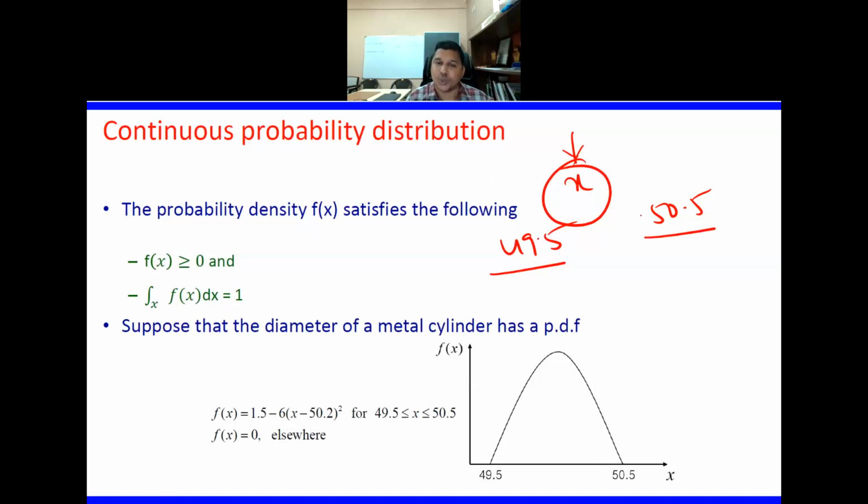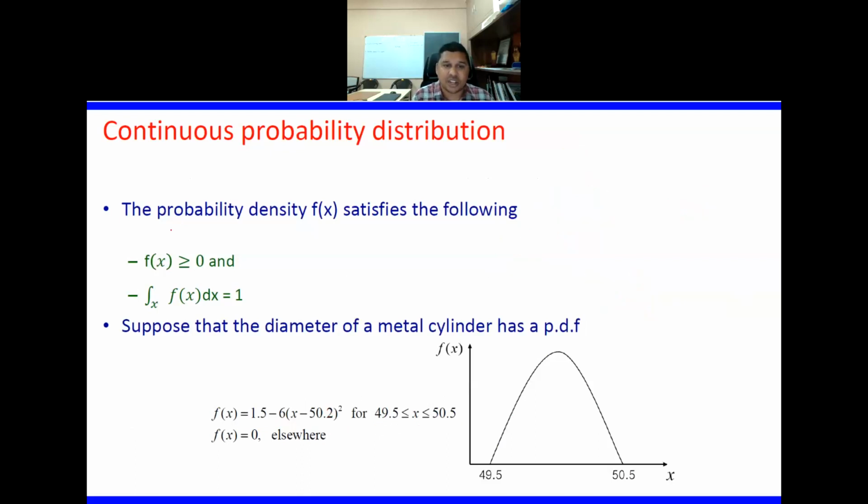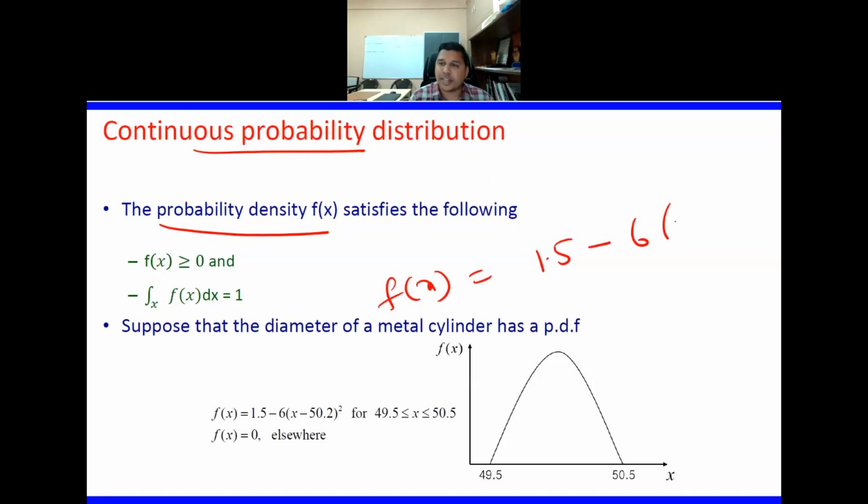Suppose f of x is given as 1.5 minus 6 into (x minus 50.2) whole square. Assume that the probability density function f of x for a continuous probability distribution is given as this function, 1.5 minus 6 into (x minus 50.2) whole square. This is just an example.